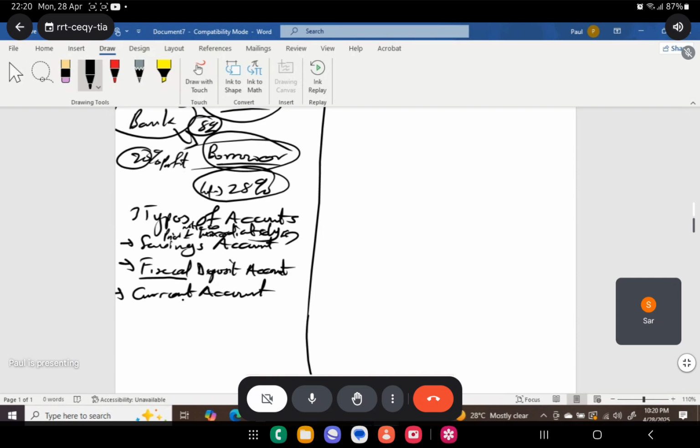Now the fixed deposit account. As the name suggests, fixed. It's a deposit whose timing is fixed. So the maturity of the fund is beyond a particular period, and you receive the full amount when it is matured. I don't know whether you understand what I said.